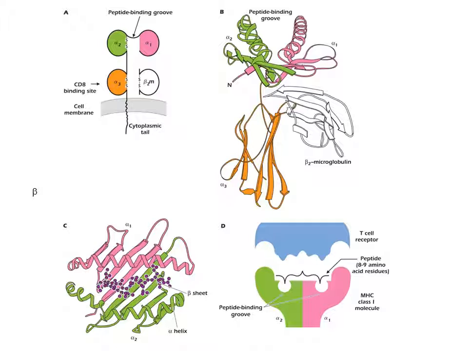All right, so A, B, C, and D. If you pay attention to the A1, you will see that this is a cell membrane. We have a cell membrane. And then there are different aspects of those globular proteins that you normally see.